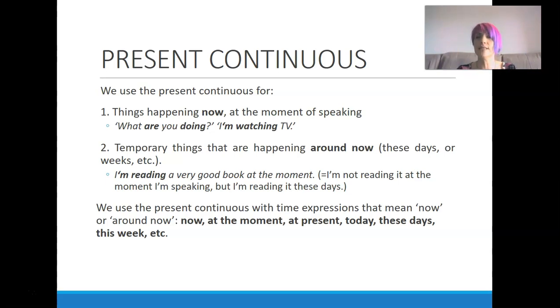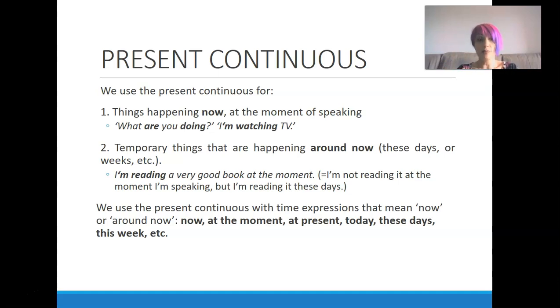Right? For example, I'm reading a very good book at the moment. I'm not reading right now, but I'm reading these days, right? Or they are living at a hotel because they are painting their house. So it's a temporary situation, right?